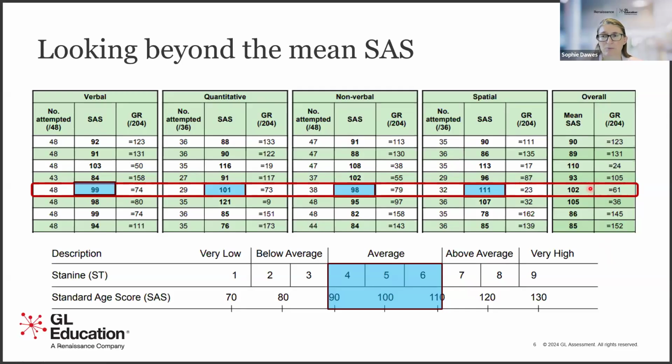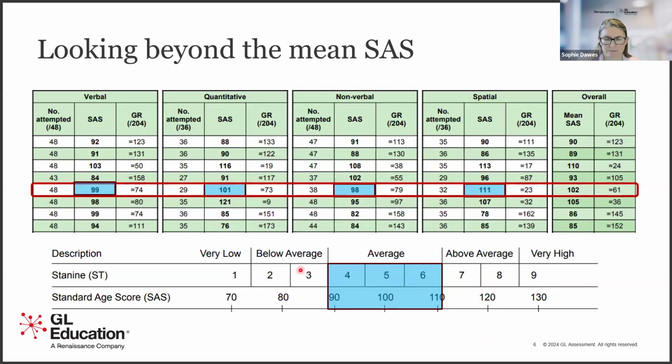So that's well within the average range. So you can see the average range is given here. And the absolute centre of that average is 100, and your high performing students up here, and your low and below average, above average categories in there. So 102 is pretty much right in the middle of that average band.